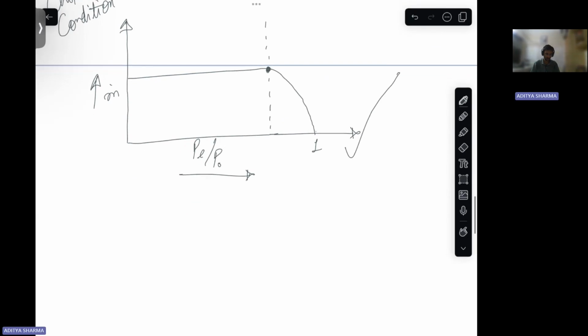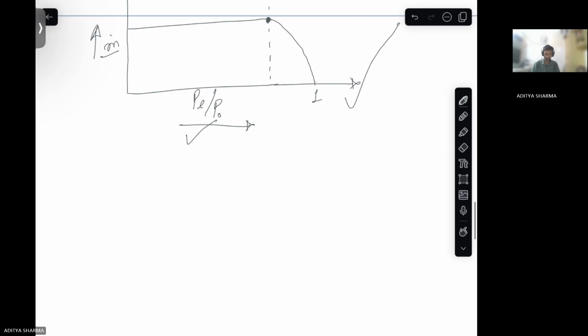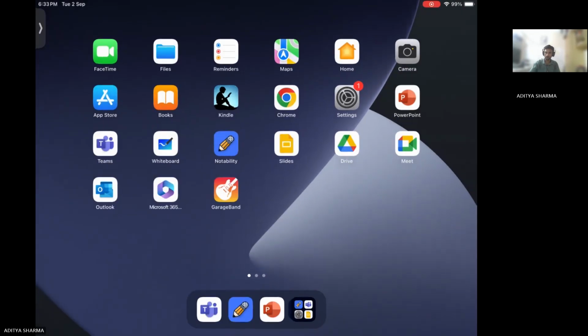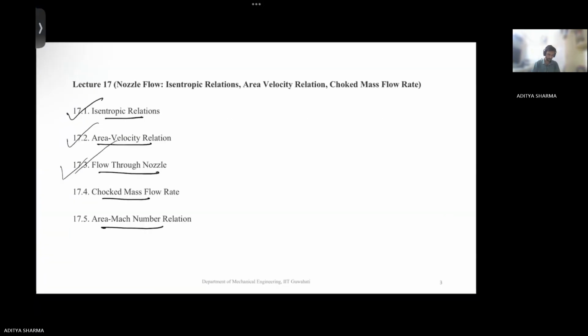So this is giving the ratio of P exit by P naught, and this is your mass flow rate. Then there is the choked mass flow rate.